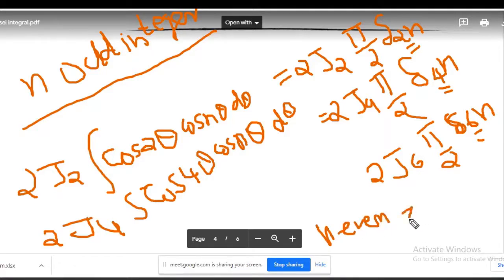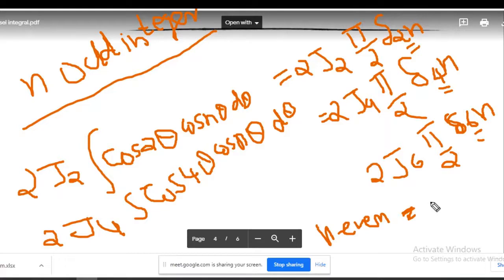Now suppose n is even. So n is an even number. So what will you get? We don't know its value, but it's even.